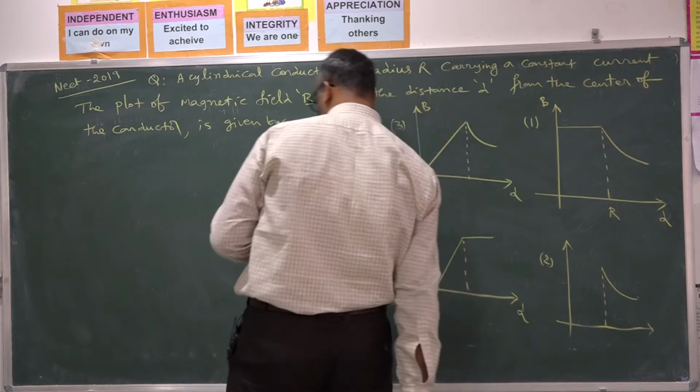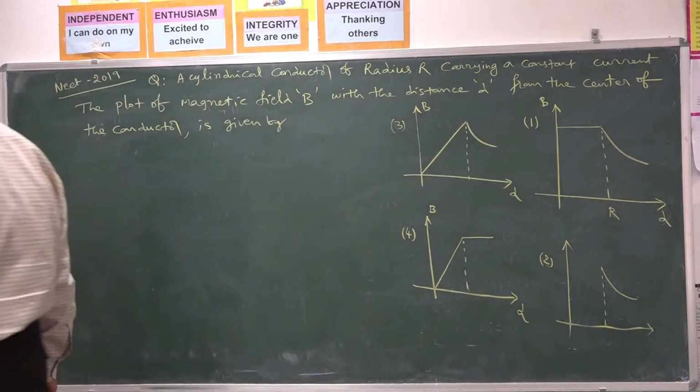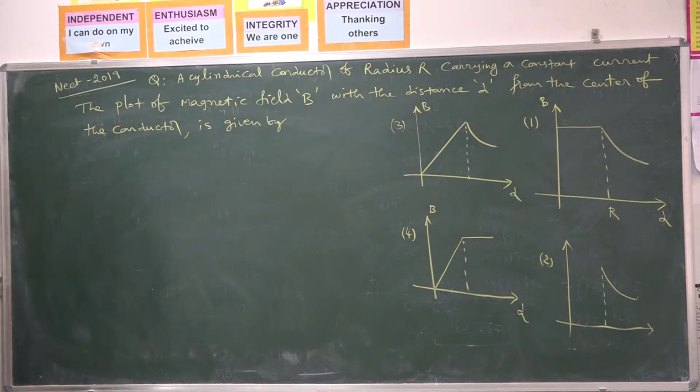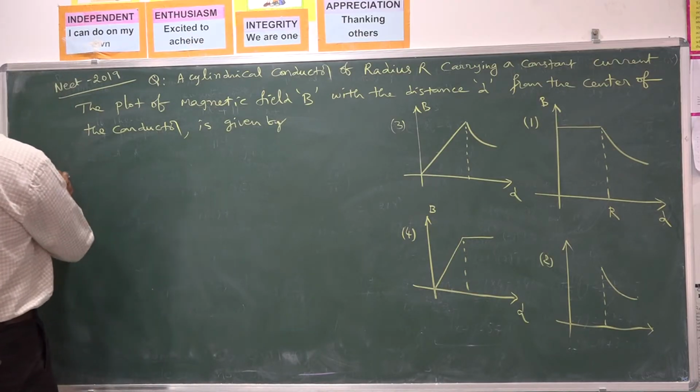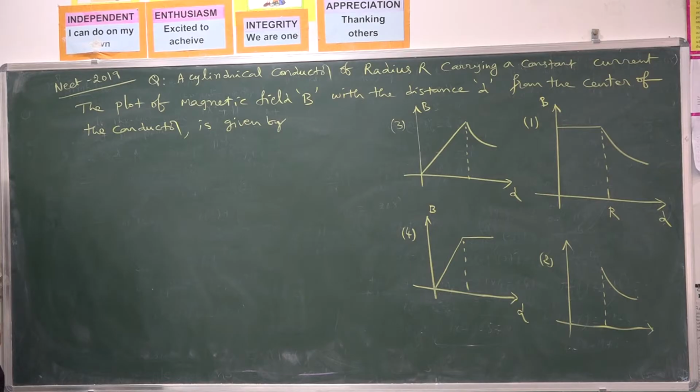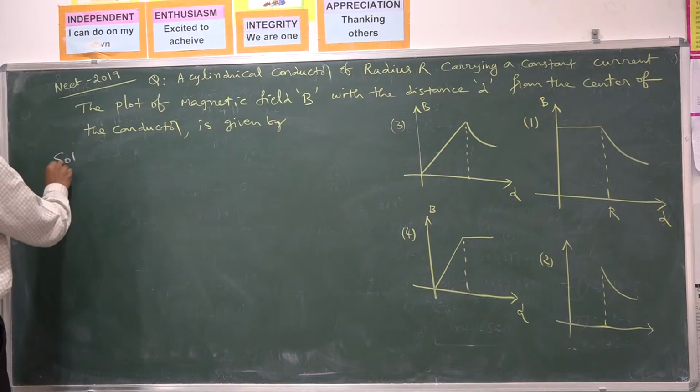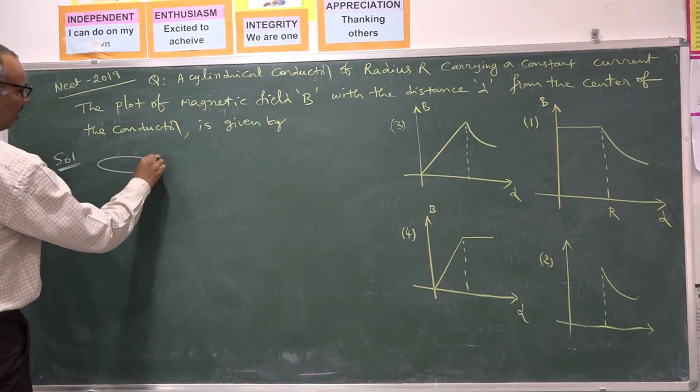Now we need to do the solution for this question. Already we discussed this idea in our regular teaching class. So whenever there is a cylindrical conductor, here is a cylindrical conductor.